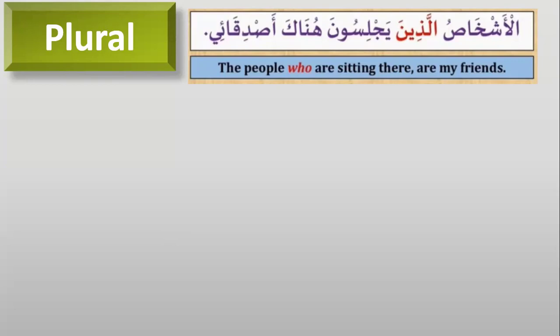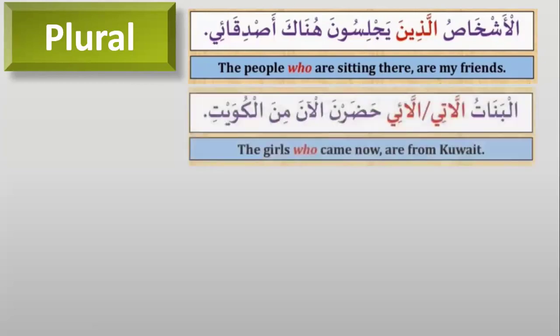That's why I'm telling you here, it is the people. So it may be males as well as females, but here we need to use only plural masculine, allazina. Now here, about that doubt, we can use either allati or allai because we are talking here about al-banat, the girls.